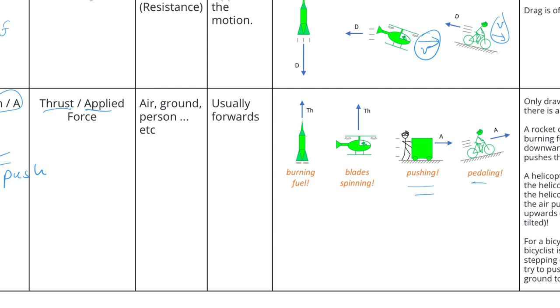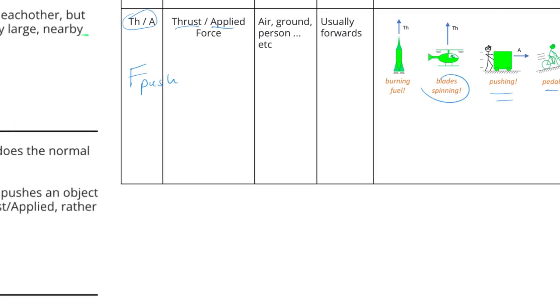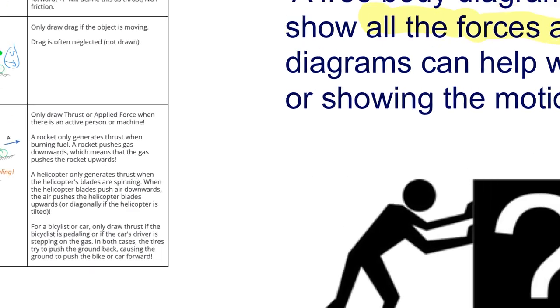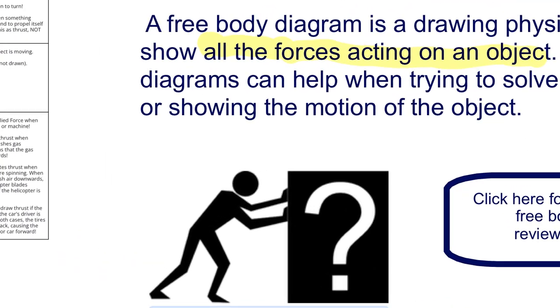Well, we can just look at this and say it's the motor causing the rotors on the helicopter to spin, and the rotors are pushing against the air, and we call that thrust. Or a bird flapping his wings, that's thrust. Okay, so that's what you'll be doing.